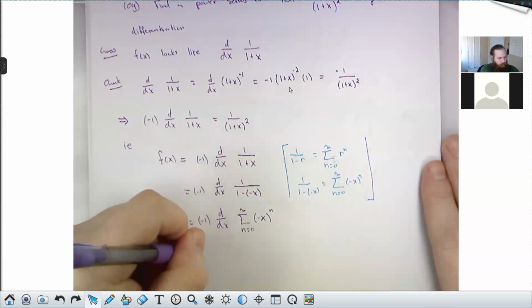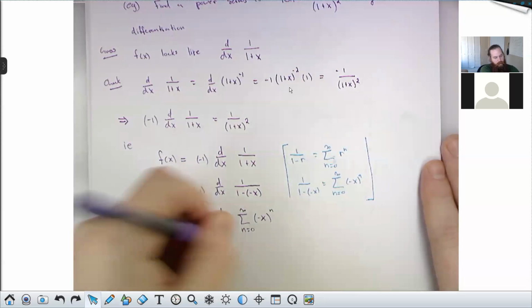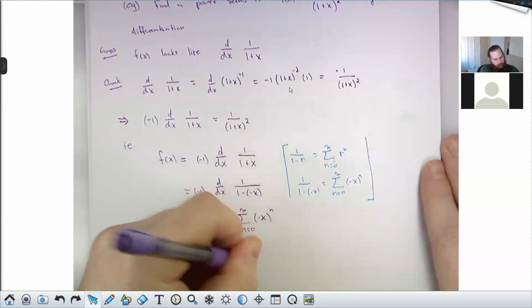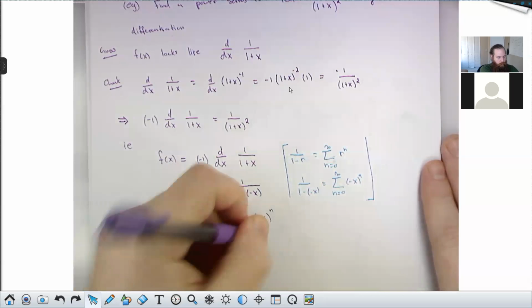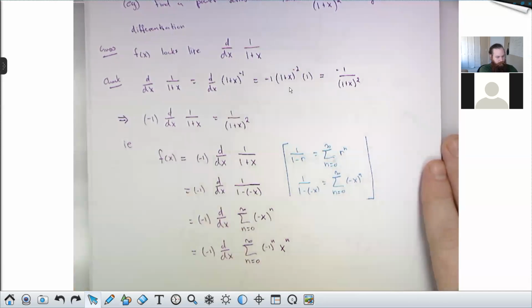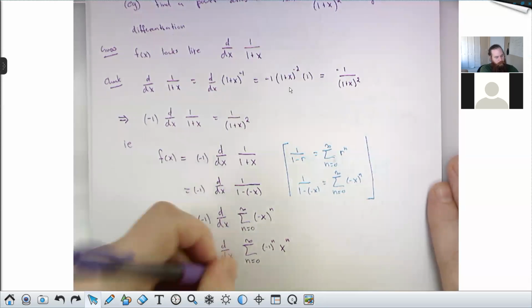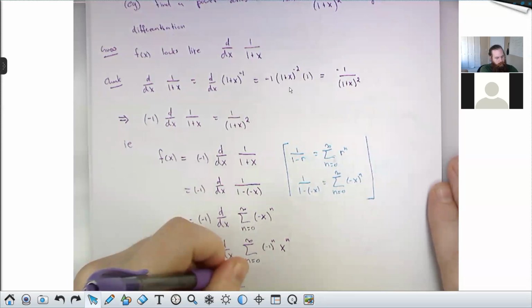So this is negative 1 d dx sigma n from 0 to infinity. Negative x to the n is negative 1 to the n times x to the n. And this will be negative 1. Now I'll go ahead and differentiate.